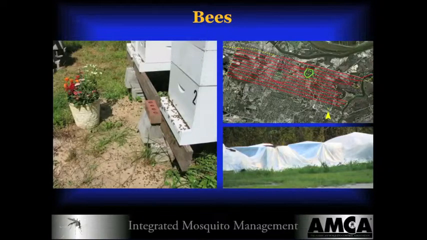Now, by and large, our pesticides aren't affecting the bees because we're letting them out at night where the bees are back in their hives. But it's important that the mosquito abatement district get in touch with beekeepers and say, we're going to spray such and such night. Mosquito populations are blooming. Our surveys say we need to do something. And we'll tell them, and the beekeepers will cover their hives as an extra added measure of protection.